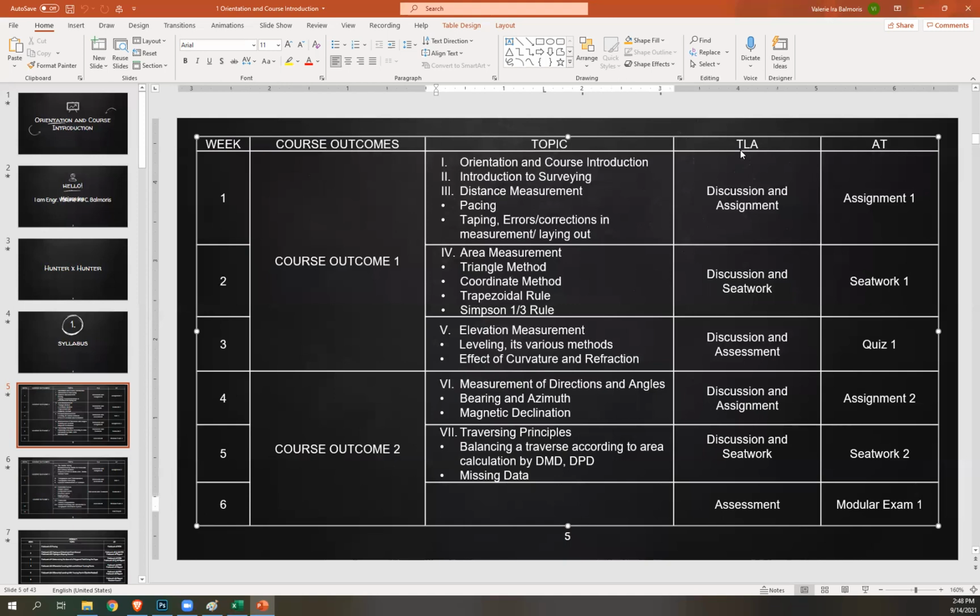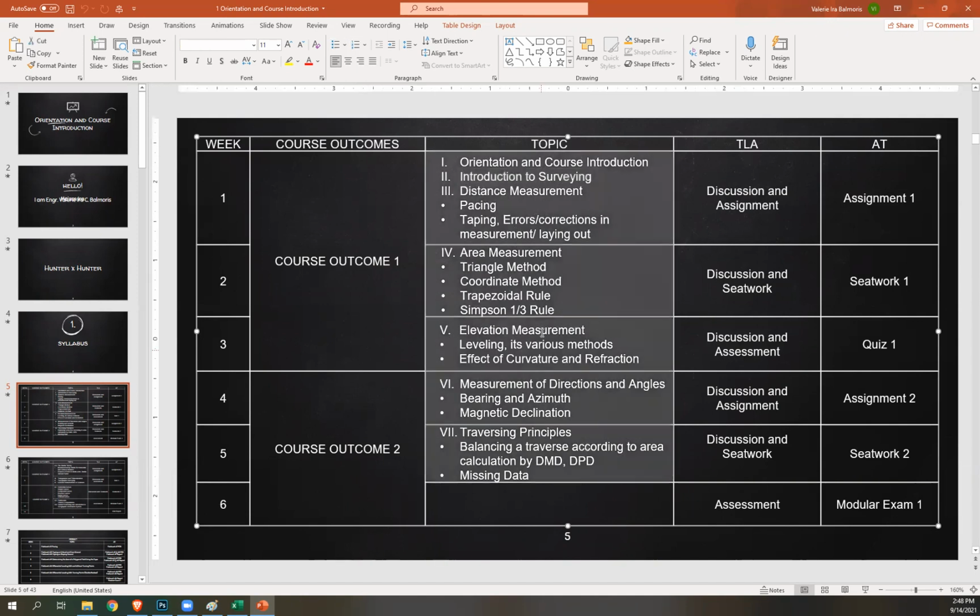Anything else? Did I miss anything? Yes, the exam is on Saturday, from the introduction to surveying. So this entire thing is the coverage.